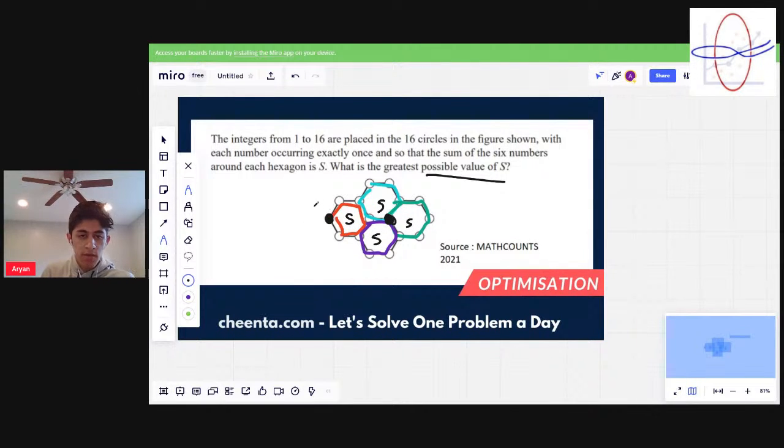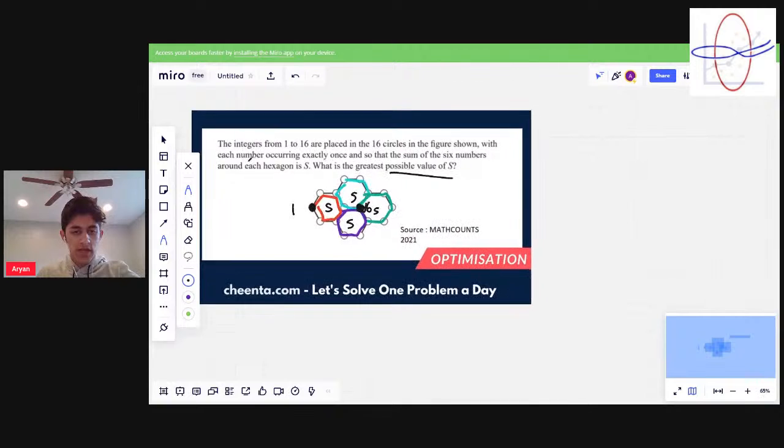For example, if I put a 16 here and a 1 here, that wouldn't be maximal because now I'm using 1 in 3 of these hexagons. But if I reversed it and put 1 out here and 16 here, I'm increasing my sum by so much more because now 16 is used in all 3 of these hexagons. This basically gives us the inspiration for how we want to solve this.